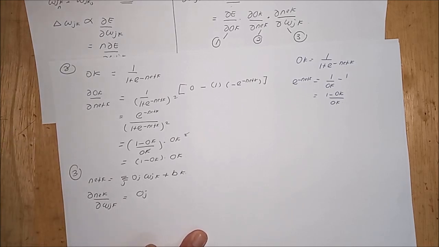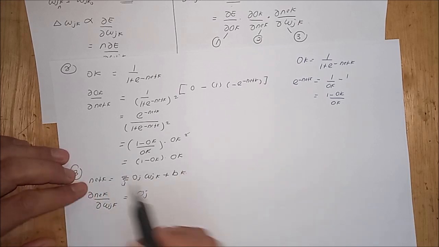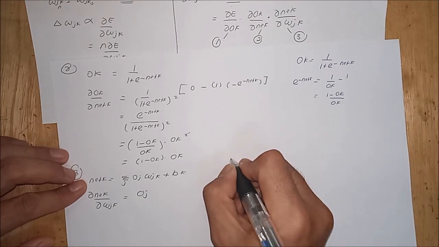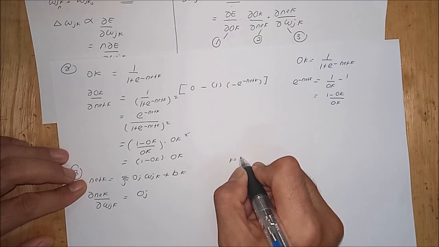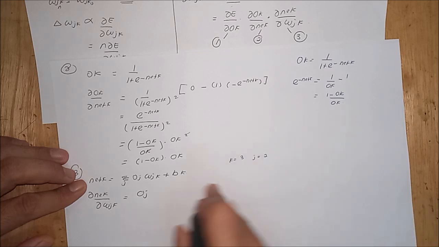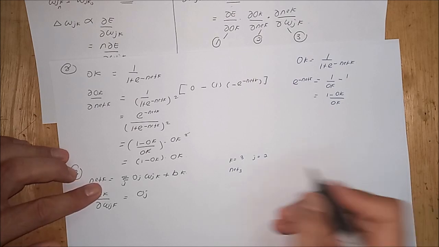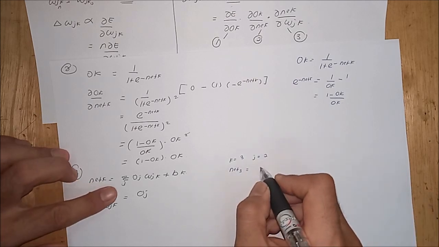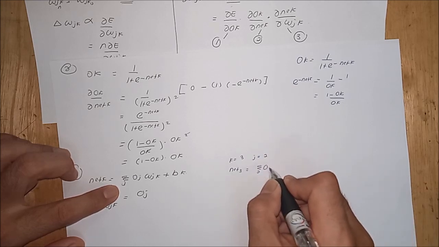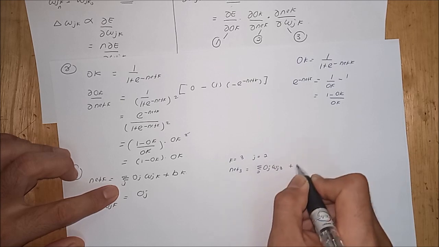There is a reason for this. If you expand the equation, let's say k equals 3, and j is the expansion of 2. For this particular case, net 3, which is k equals 3, equals the summation over j of 2 terms, oj wj3 plus b3.